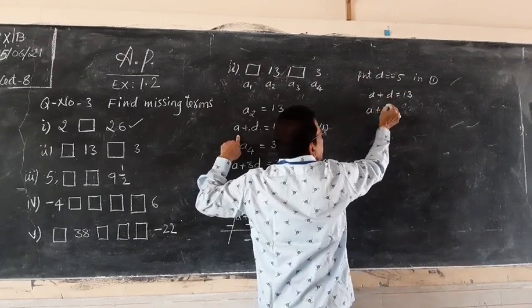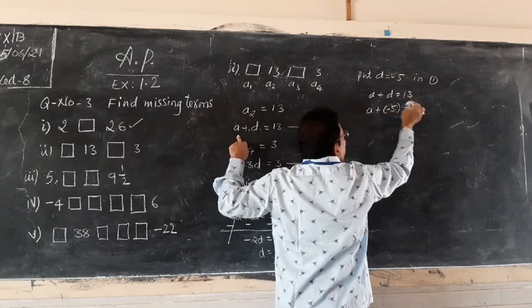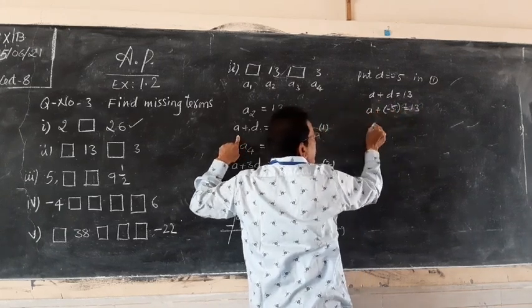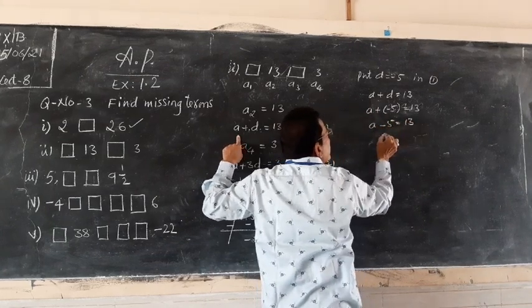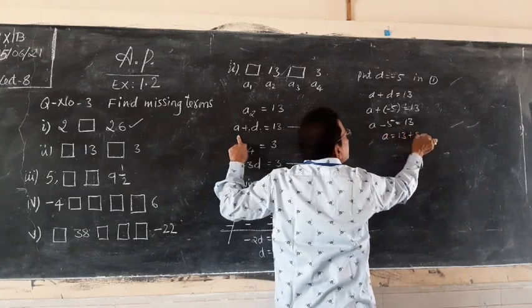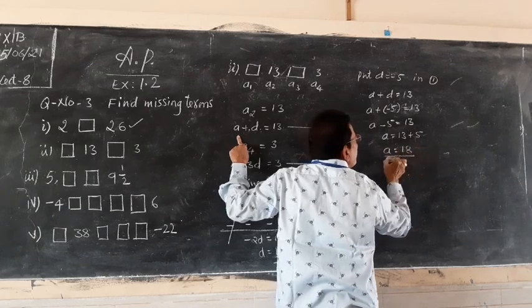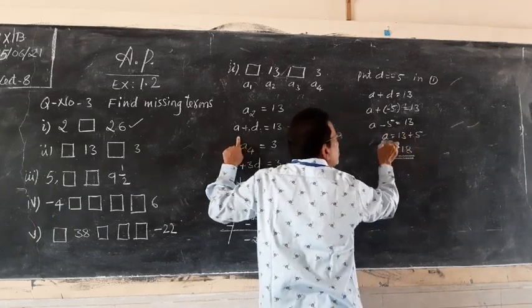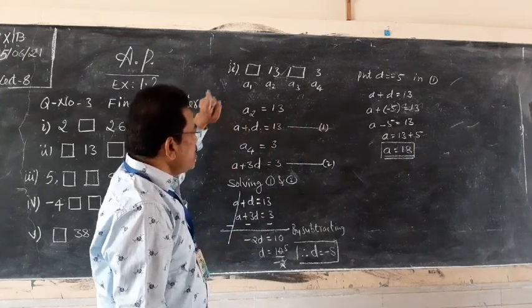So a plus minus 5 equals 13, because we got d as minus 5. a minus 5 equals 13. Therefore, a equals 13 plus 5. So, a equals 18. Now, let us find the missing term.